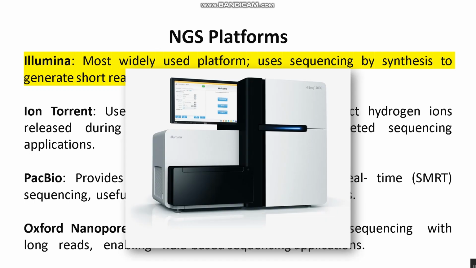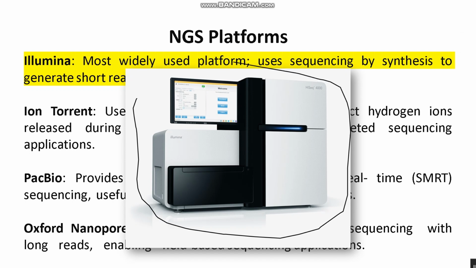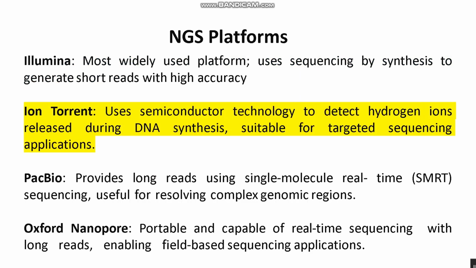It's actually the machine in which we sequence the DNA. It's an Illumina. And the Ion Torrent uses semiconductor technology. Sorry, in Illumina, we use the reversible dye terminator.